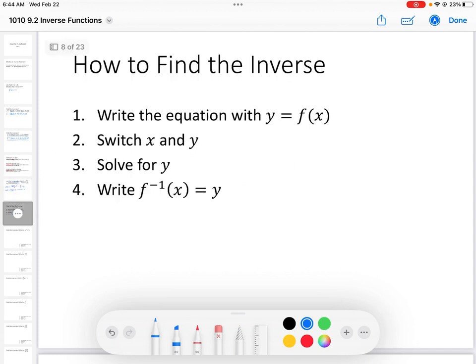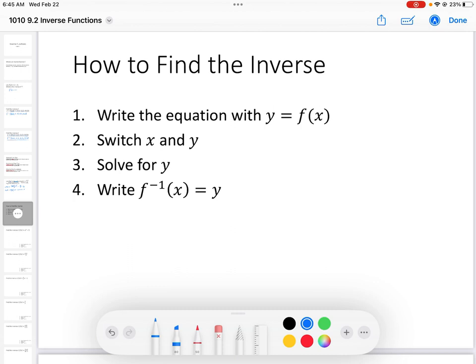Now, most of the problems on your homework are where you actually have to find the inverse function. I think you have a couple where you're checking to see if they're one-to-one or if they are inverses of each other, but in most cases, you're going to be asked to find the inverse. The way that you find the inverse is you basically switch the inputs and the outputs.